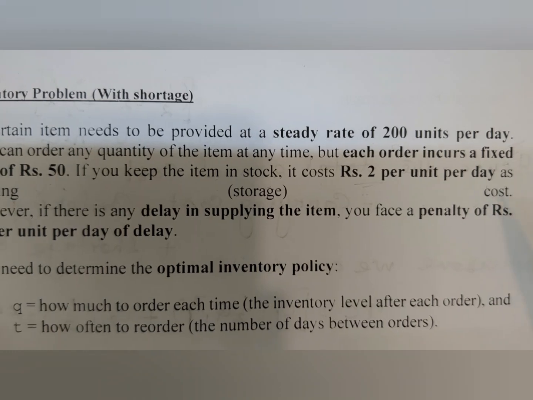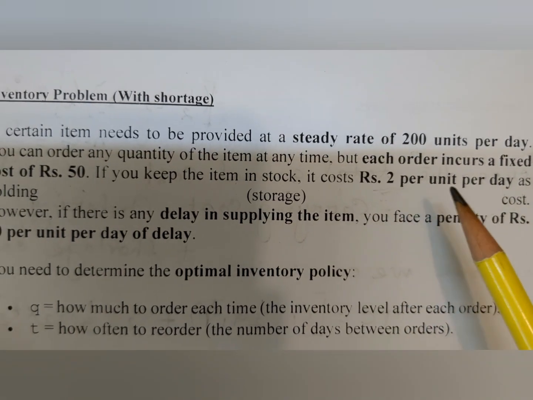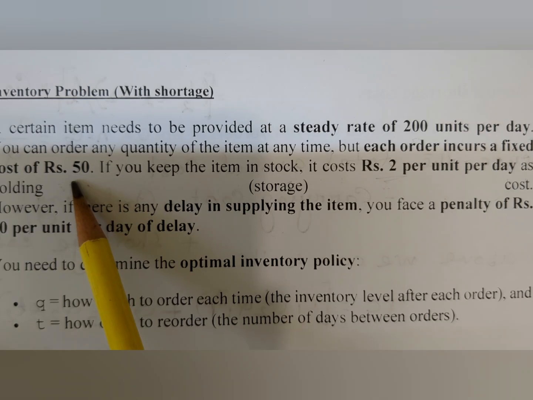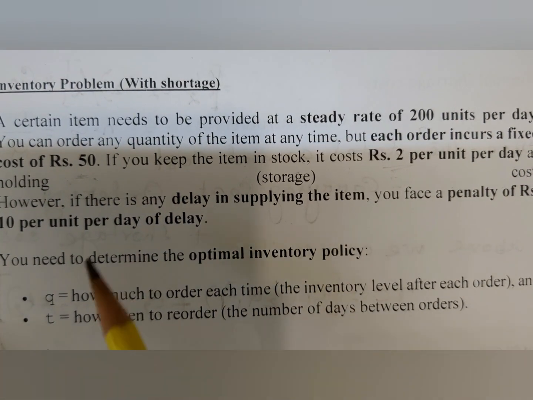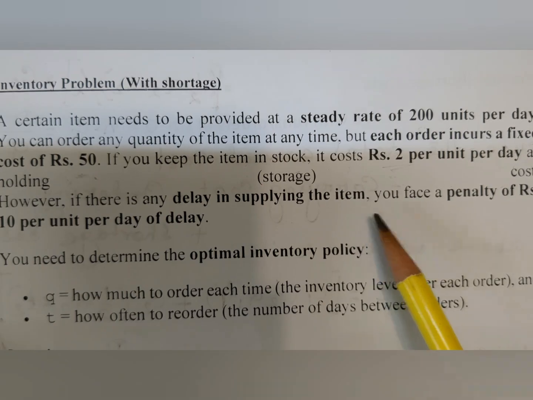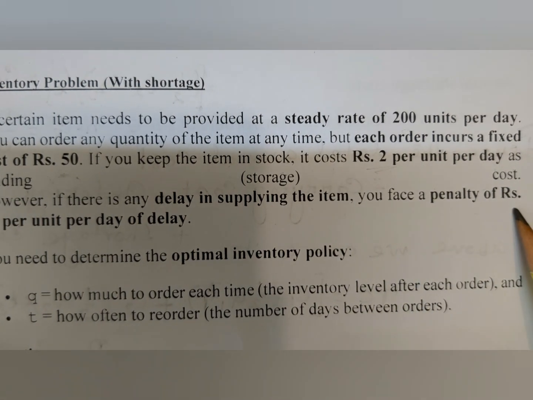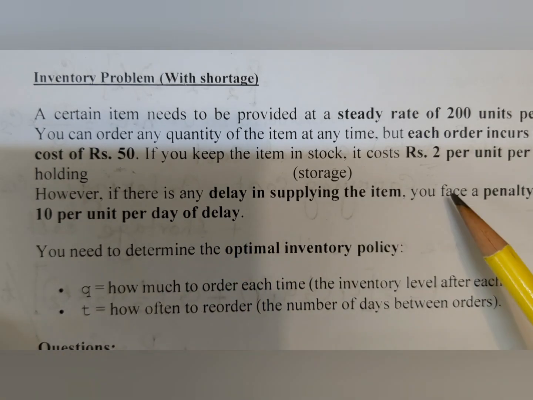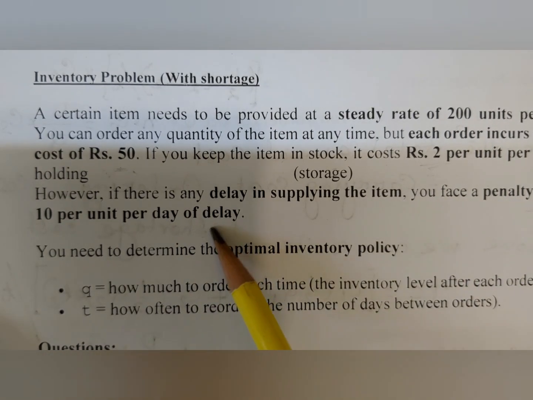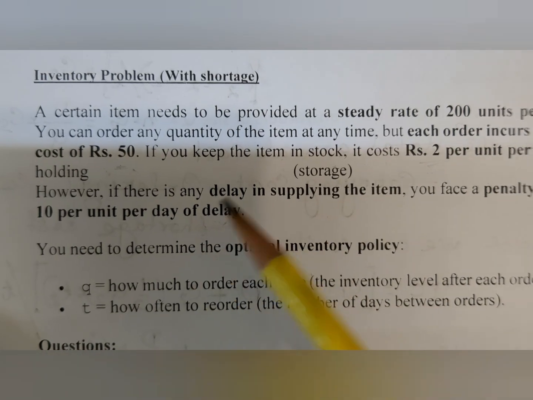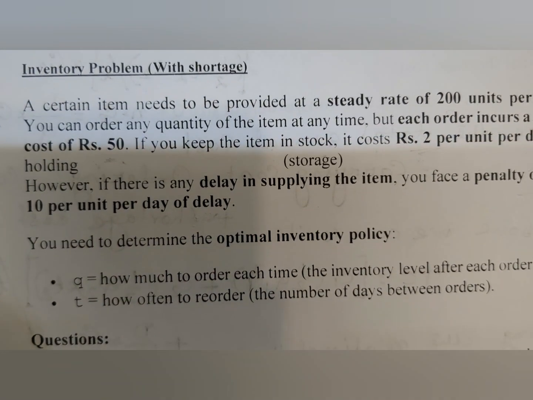You can say this is the holding cost or carrying cost, and this is the ordering cost, ₹50 per order. However, if there is any delay in supplying the item, you face a penalty of ₹10 per unit per day for delay, and this is called shortage cost. That means the shortage cost per unit per day is ₹10.